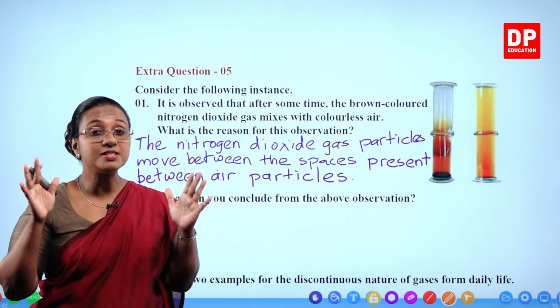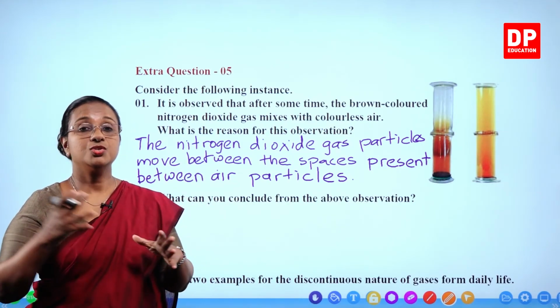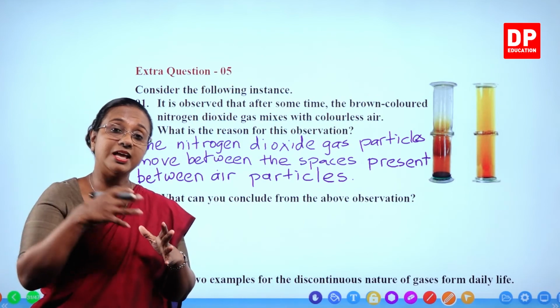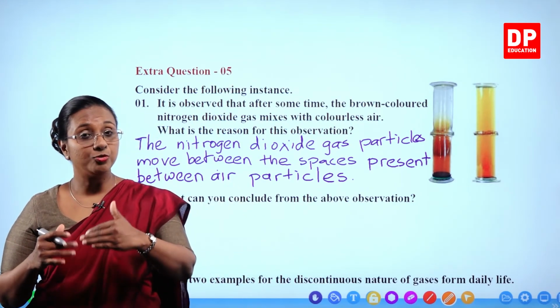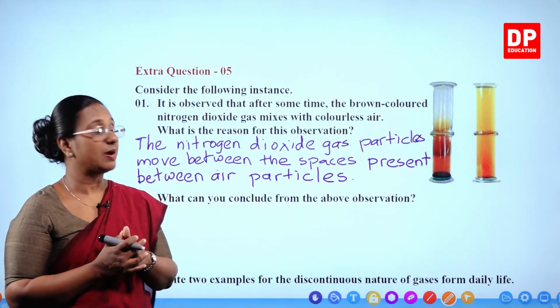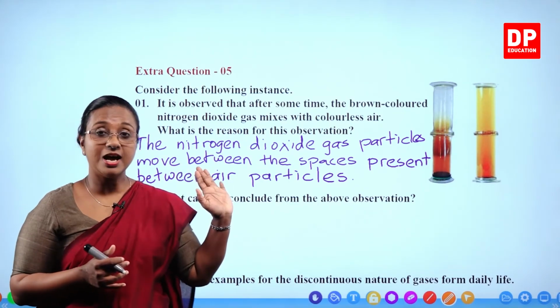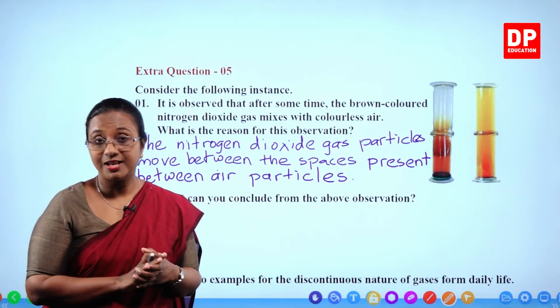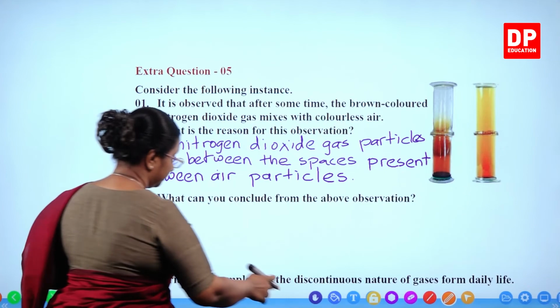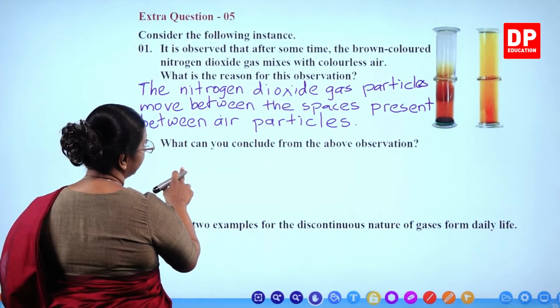There are spaces between both particles. So nitrogen dioxide can move between air particles, and air particles can move between nitrogen dioxide particles. So this is a short answer. If you are to give a long one, you can explain everything and write. That is also okay.